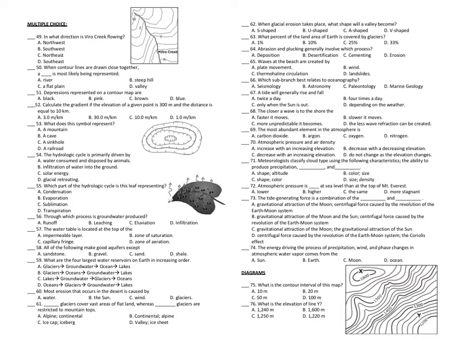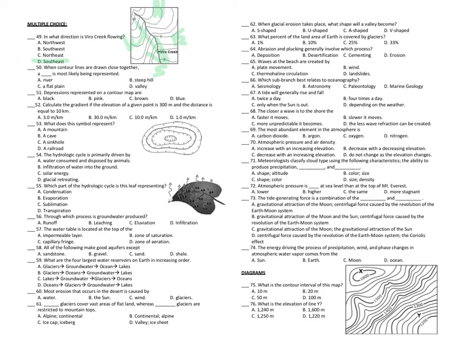So up here, this diagram's asking in what direction does Vero Creek flow, right? It's moving down in that direction over there, so that would be southeast. If you were confused, anytime you do not have a compass rose, this always makes it north, east, south, and west.